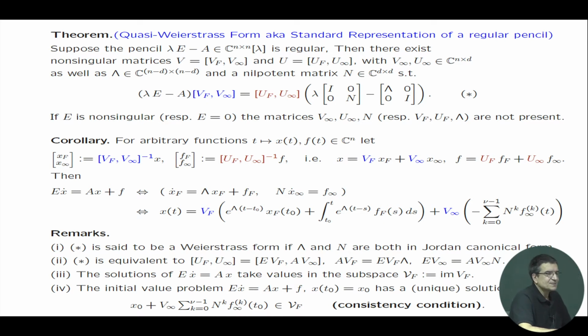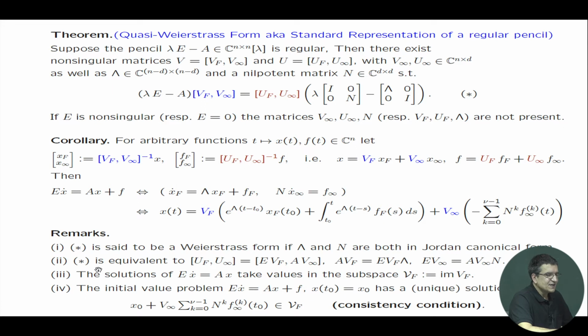And this matrix here, or this pencil, is called the quasi-Weierstrass form of the pencil lambda E minus A. So Weierstrass, a German mathematician, found this first. You can call it the standard representation of a regular pencil.